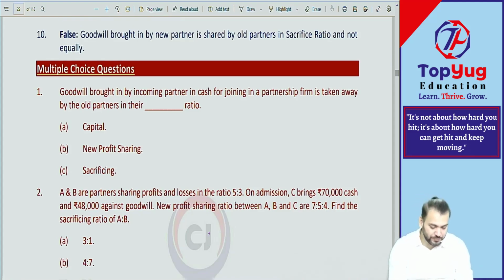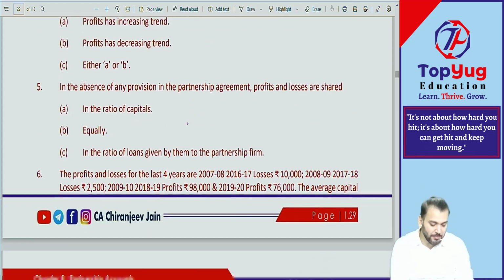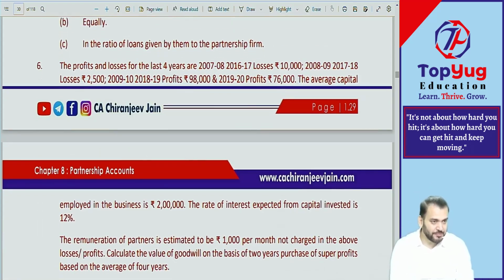Which MCQ? Come to unit number 2, question 6. This one? The profit and loss of the last 4 years is what they have given. There is some printing mistake, okay? The years are given as 7, 8, 16, 17 and 8, 9, 17, 18, so something is wrong.